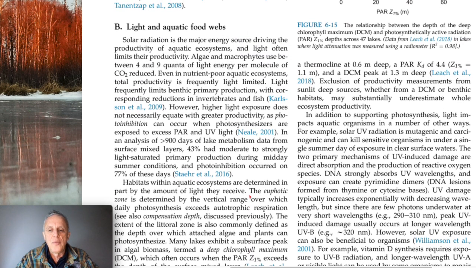It had a thermocline 0.6 meters deep, a PAR-KD of 4.4, a Z1% of 1.1 meters, and a DCM peak at 1.3 meters deep. Exclusion of productivity measurements from sunlit deep sources, whether from a DCM or benthic habitats, may substantially underestimate whole ecosystem productivity.